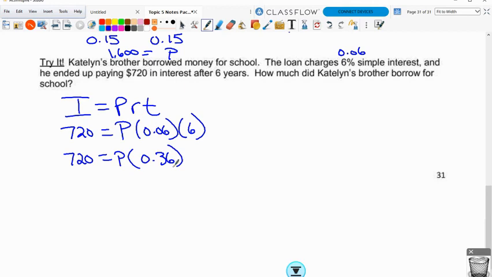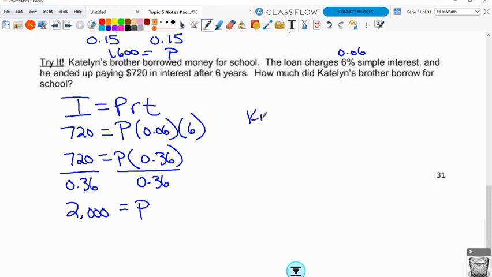So P is on the right-hand side. It's being multiplied by 36/100ths. So to get P alone, we'll have to divide by 36/100ths on both sides. On the right, 36/100 divided by itself, that's going to leave us with P, the principal. And if you type in 720 divided by 36/100ths into your calculator, you're going to end up with 2,000.